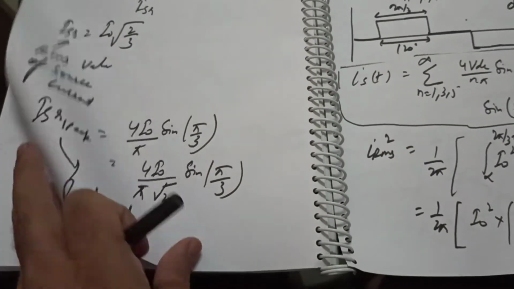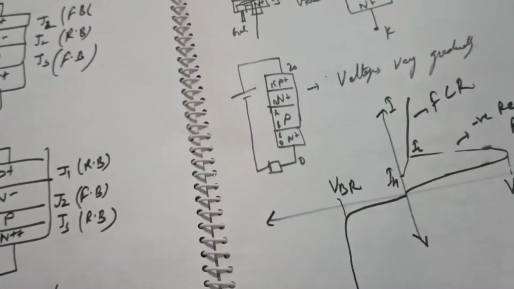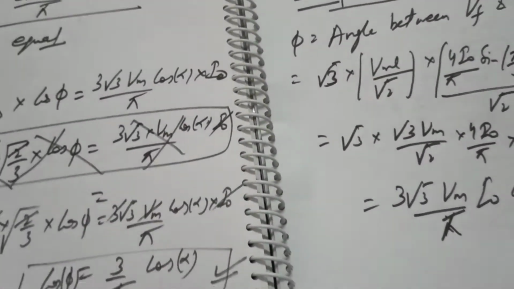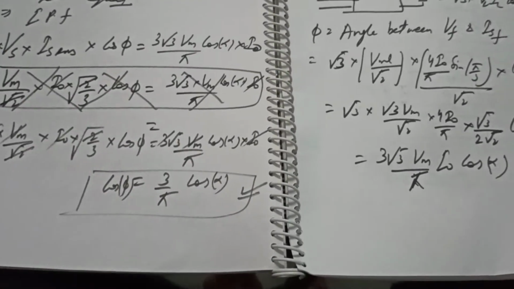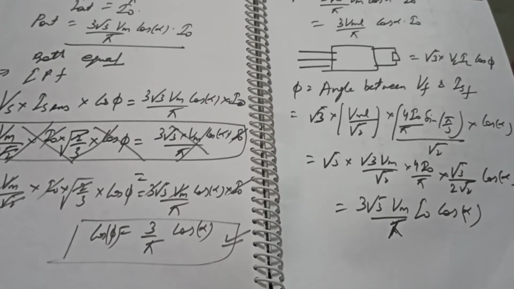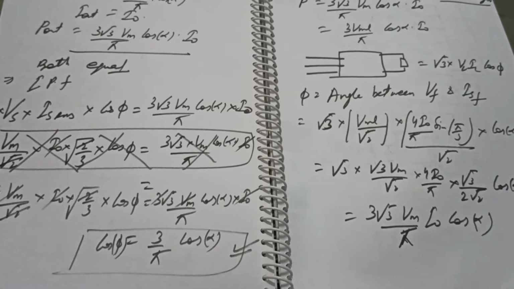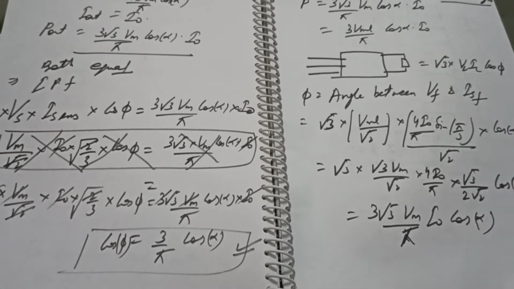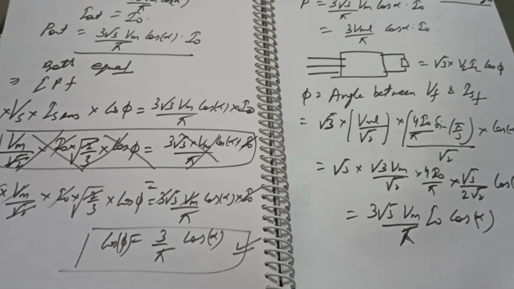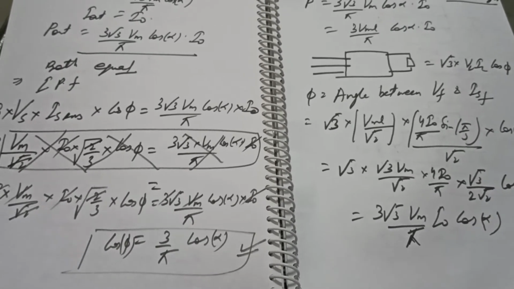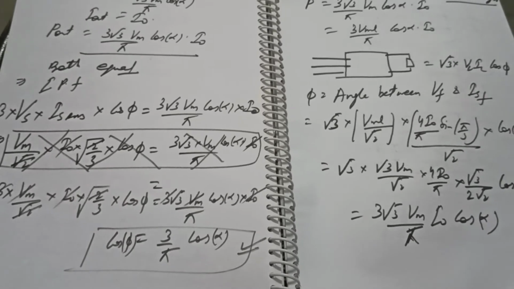After that I will straight away come to the converter analysis. That is very important. Have a look at this converter. If we look at the fundamental, the power that we are going to get at the output is going to be the output average voltage times the output current.